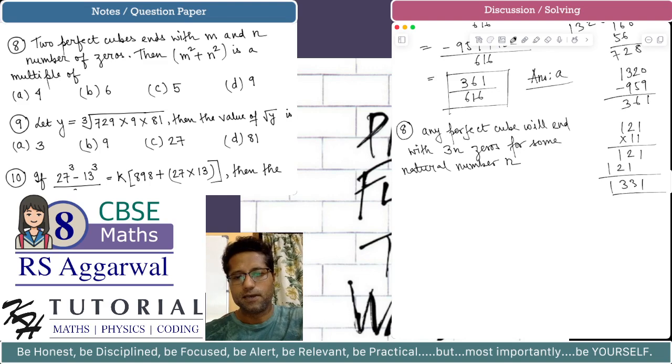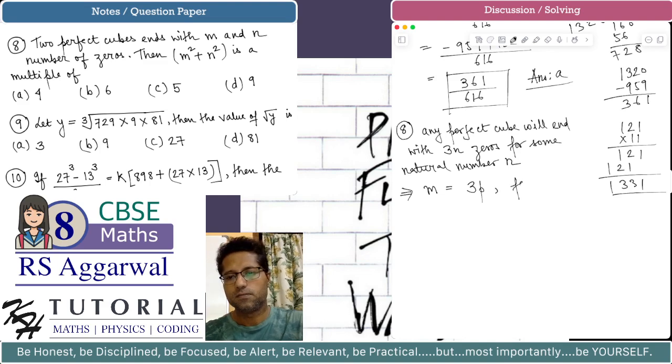So this implies that it is given that the two perfect cubes end with m and n number of zeros. The number of zeros in the first perfect cube is m, so m must be a multiple of 3.